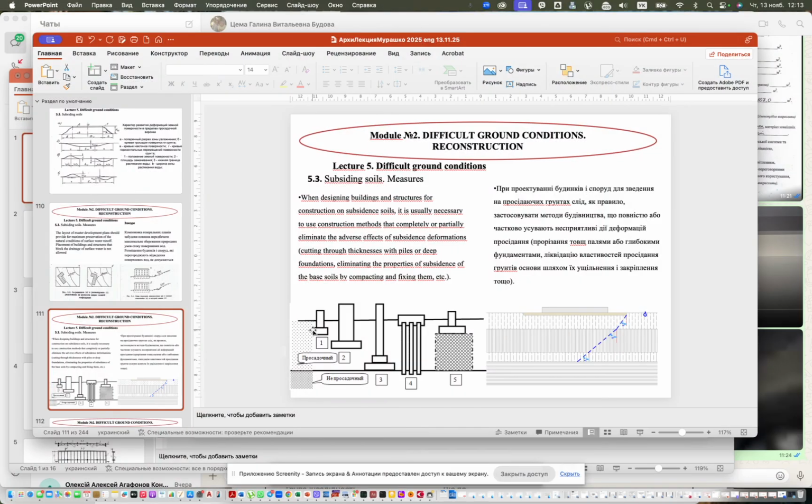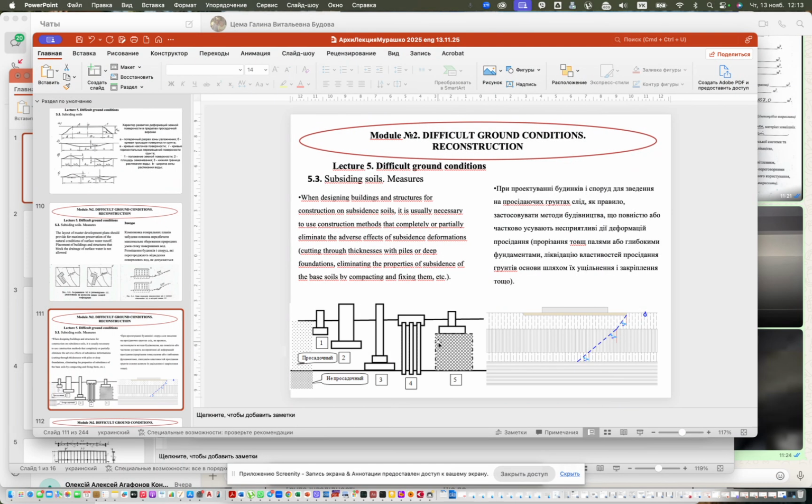If we know that, for example, at a depth of 7 meters, 5 meters, or another number of meters, we have unsubsiding soils, we can locate the foundation of our building on unsubsiding soils. Also, we can support our foundation by using piles. Sometimes we can also make a substitution of the soil.